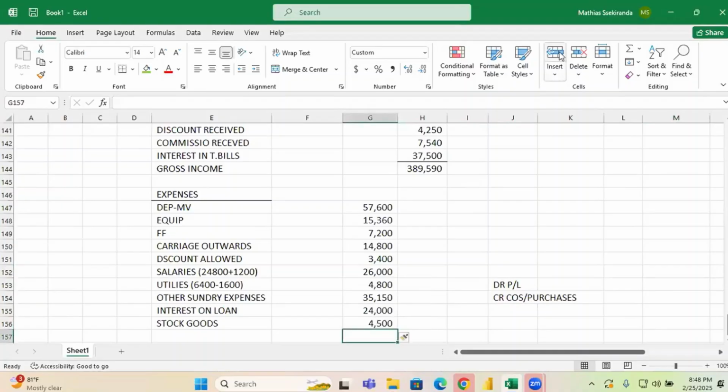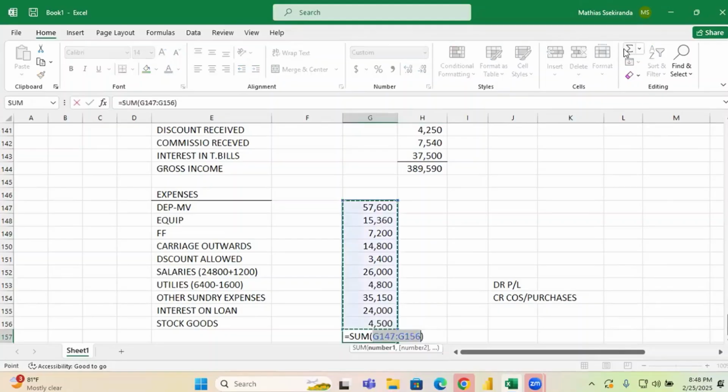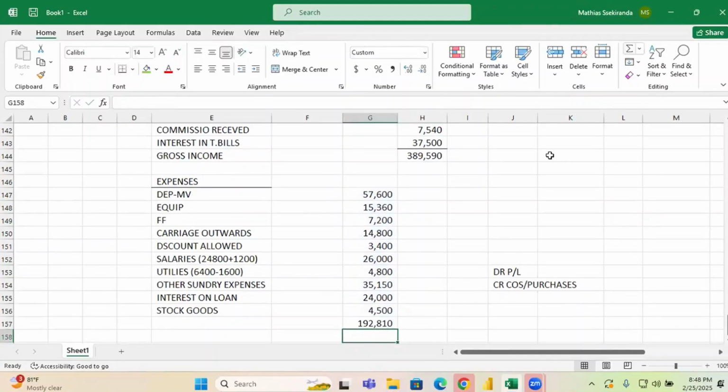Okay, so our total expenses will be, guys, make sure that we have considered all expenses. How many assets were we? 1, 2, 3. There were 3 assets. Discount allowed.